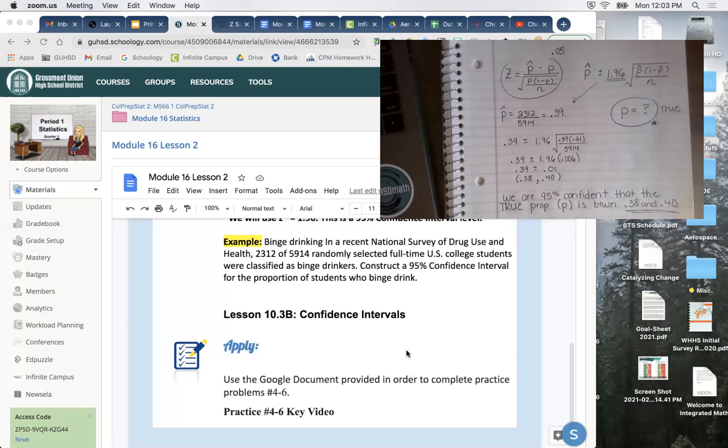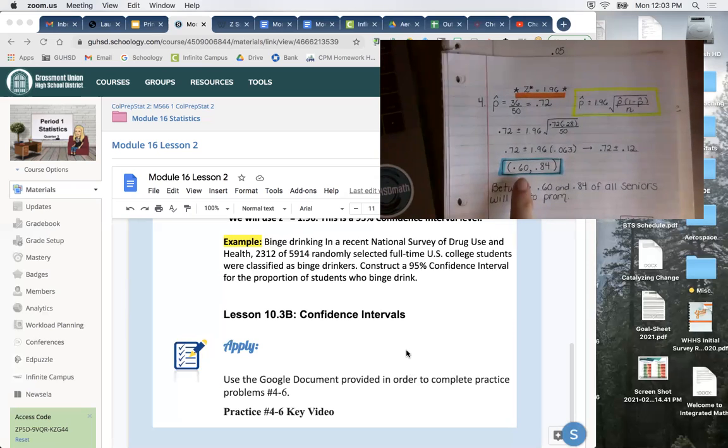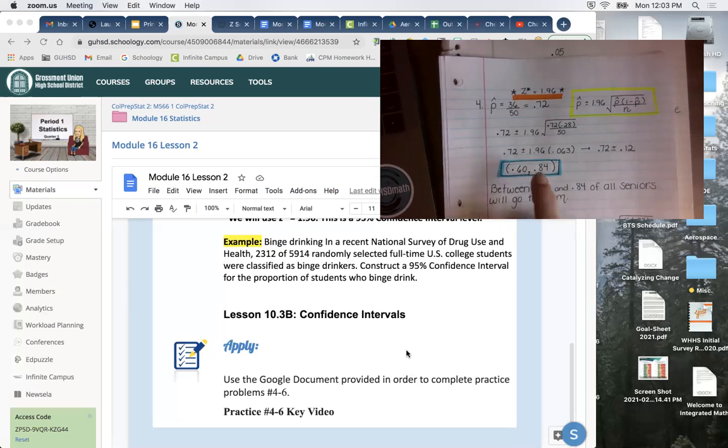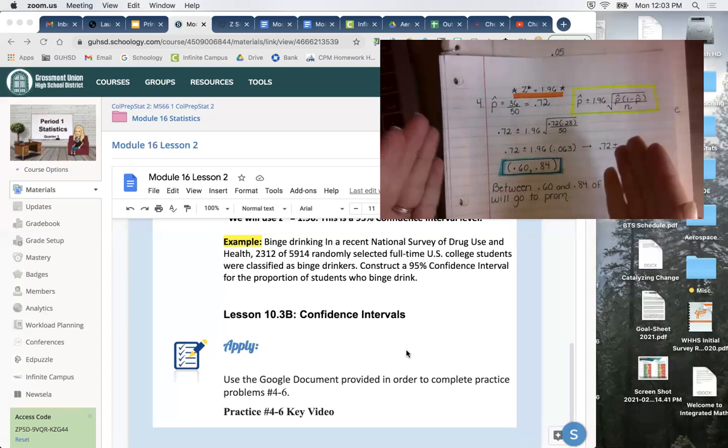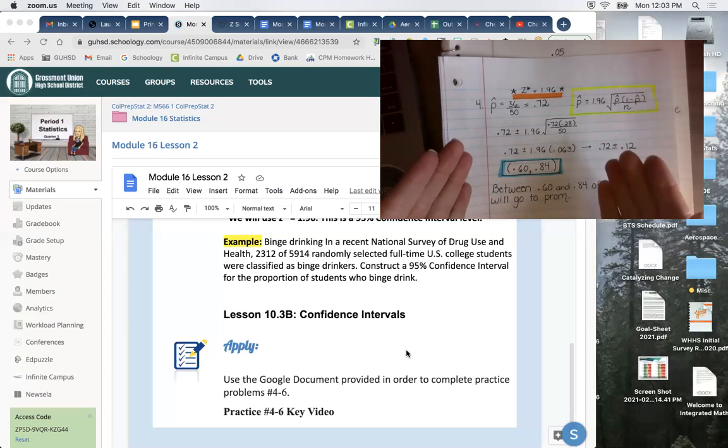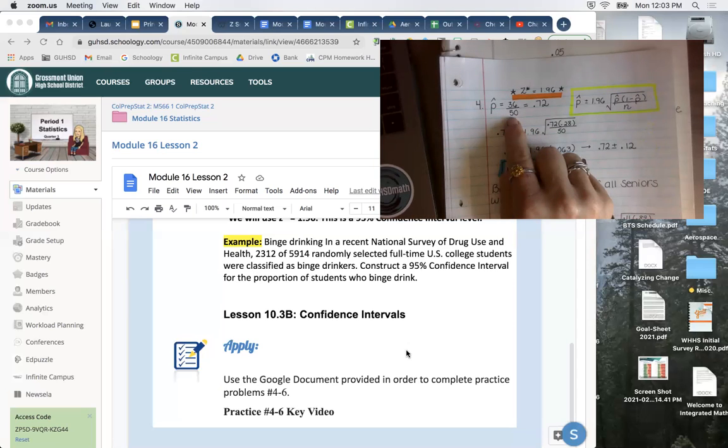I do want to show you that on homework, you're going to have much larger windows than that. That was literally between two percentages. Look at this one. When you do your first one on homework tonight, you get between 60 and 84%. The reason that window is so big, because that doesn't really give me that much information, is because if you look carefully, we only sampled 50 people.